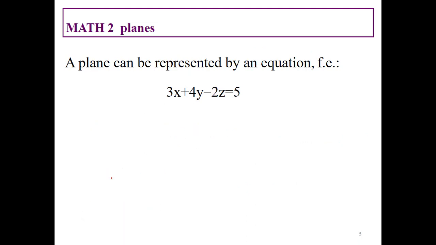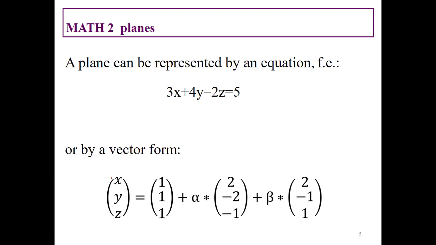Another way to describe a plane would be with the help of a vector form. So a vector form in a 3D space, again we need an x, a y and a z. We need to have a starting point, which would be a three-dimensional point, and then we would have two direction vectors. So we have a starting point, one direction vector, and another direction vector.